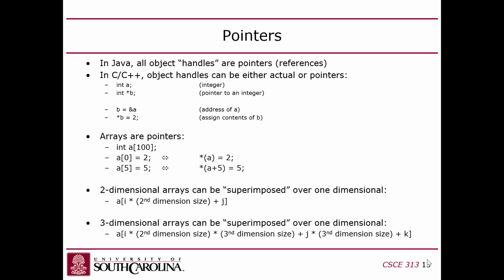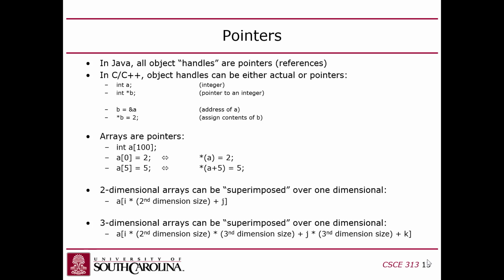You guys with me? So star is dereference and ampersand is reference. Dereference takes a pointer and converts it into the actual data at that address, and the ampersand takes the address of something.